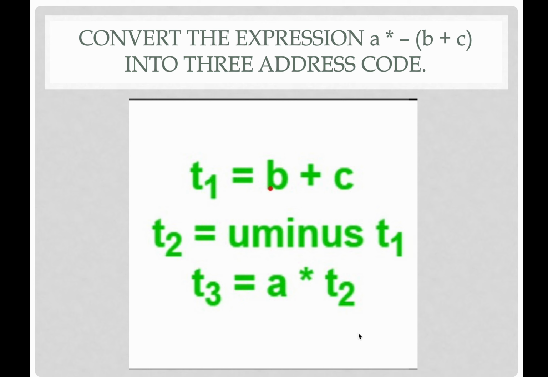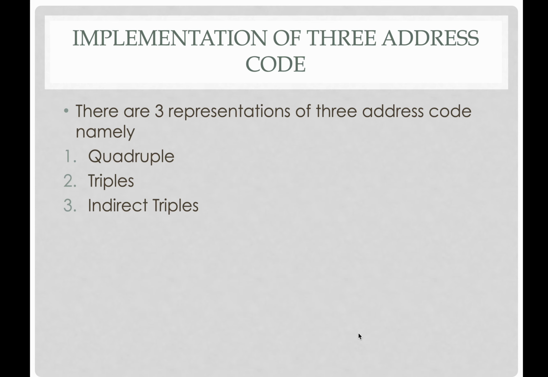Then minus and then star. So now we will be storing unary minus of t1 into t2, and finally the result into t3, where a star t2 is the result.